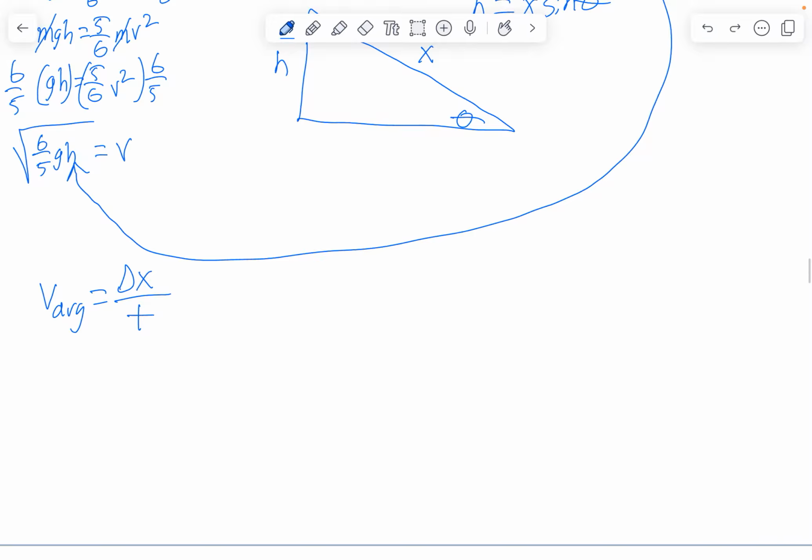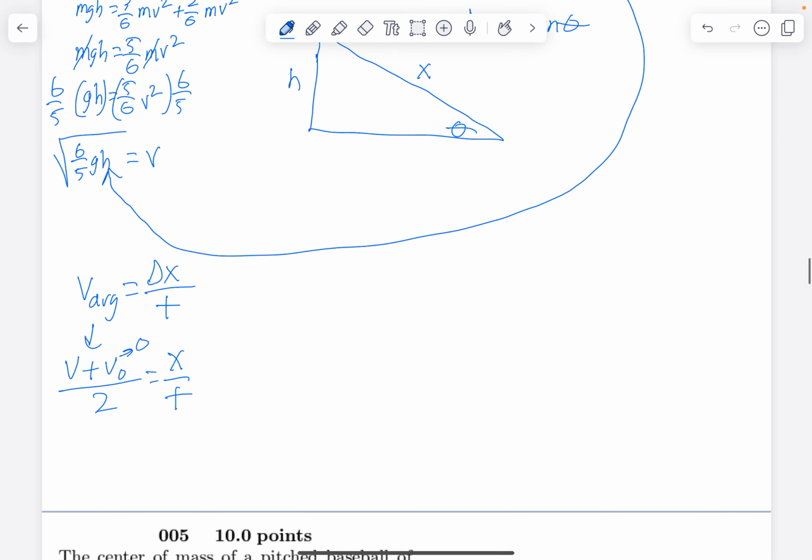So then the average velocity, you got two numbers, you can average, is your final velocity plus your initial velocity divided by 2. And then our change in x, I just call that x. We know the time. And your initial velocity is 0. So it's just your velocity that you solve for, this v, goes there, divided by 2. So then v over 2 is equal to x over t.